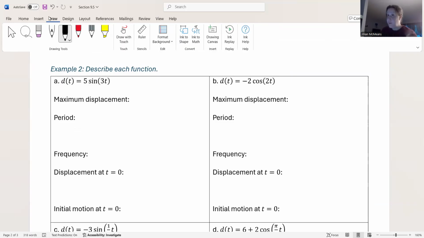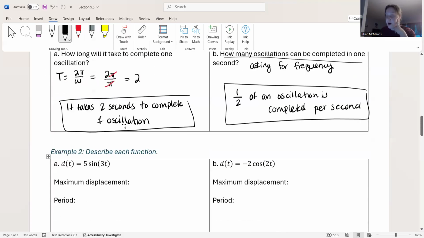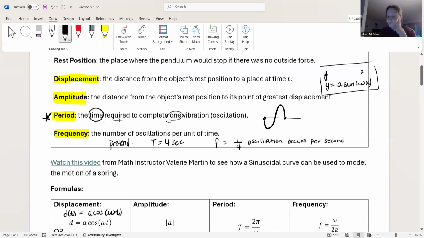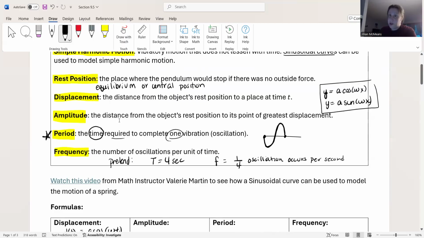Now, if we mosey on up a bit to our terminology, we had another definition that kind of made sense. It's something we've seen before. We were talking about the amplitude. And the amplitude is the distance from the object's rest position to its point of greatest displacement. So when we're talking about maximum displacement, we're really just talking about the amplitude here.